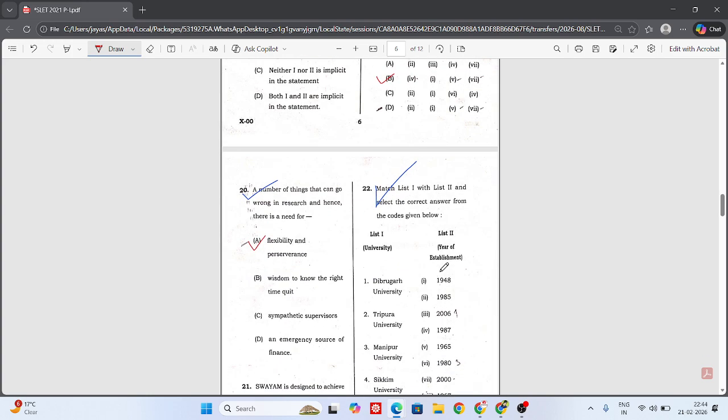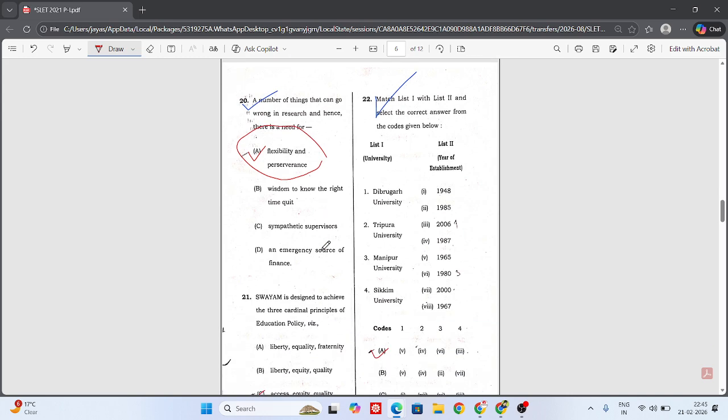A number of things can go wrong in research, hence there is a need for flexibility and perseverance. Yeah, this is correct. Wisdom to know the right, not this; a systematic supervisor and an emergency source of finance. So the most appropriate answer is flexibility and perseverance we need.